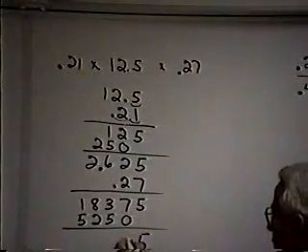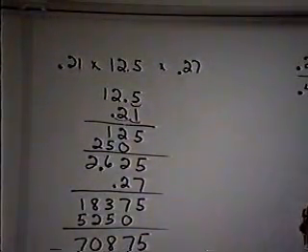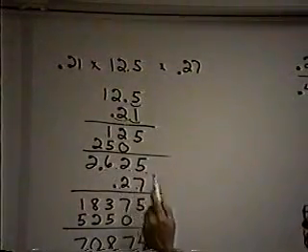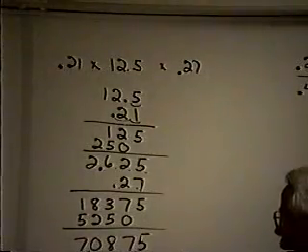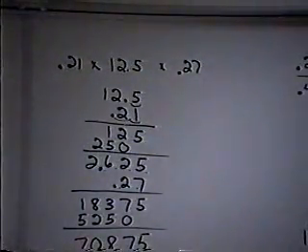So we get 5, 7, 8, 0, 7. And what I have up here, 1, 2, 3, 1, 2, so that's 5 in all. So that's 1, 2, 3, 4, 5.